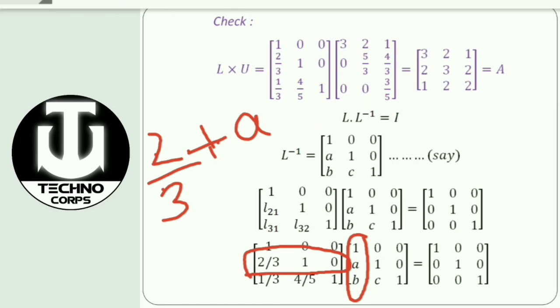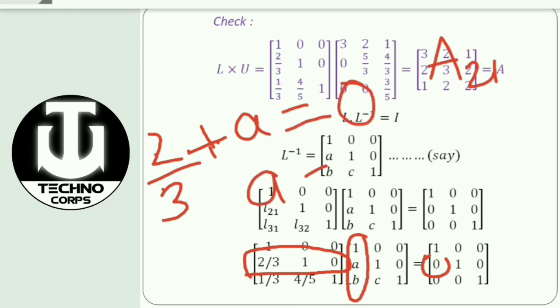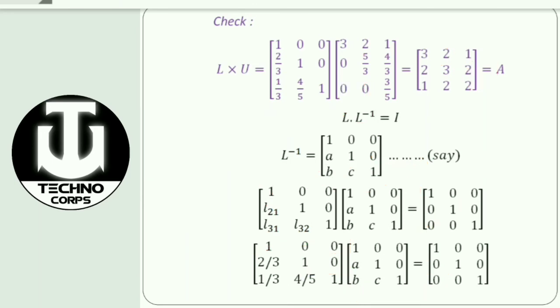This will be the element A21 of the matrix, which is equal to 0. So this can be equated to 0. What is the value of A? That is equal to minus 2 by 3. So you got the value of A. Similarly, you can get the value of B and the value of C.